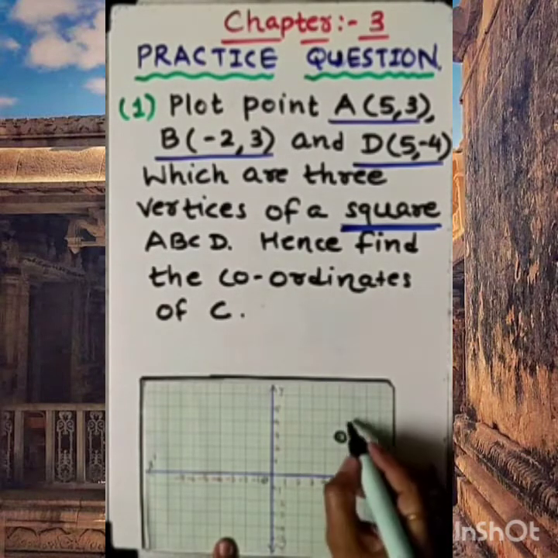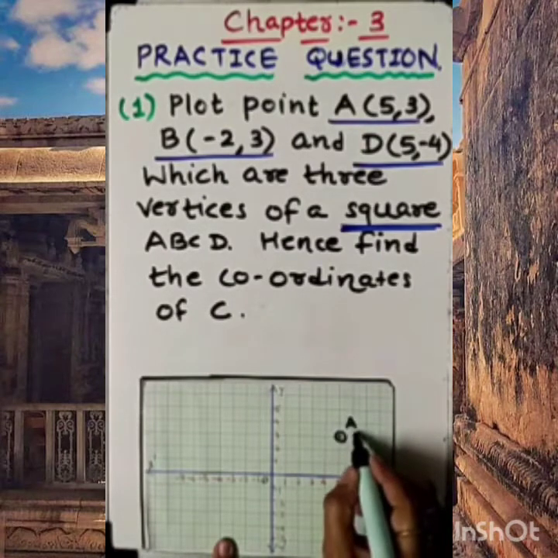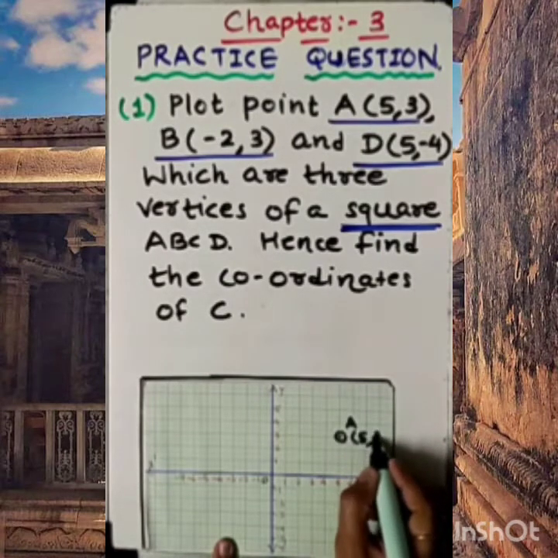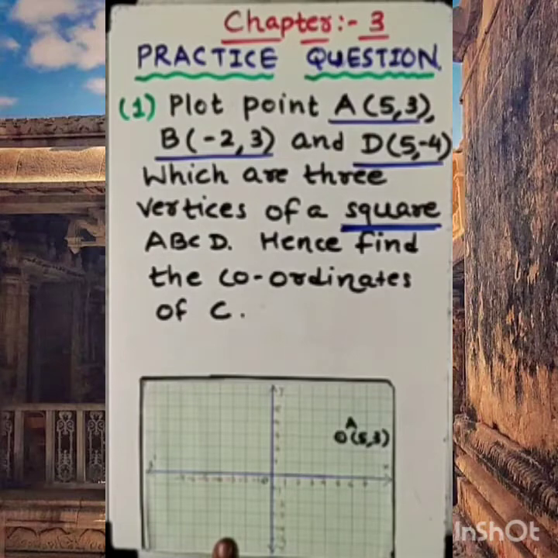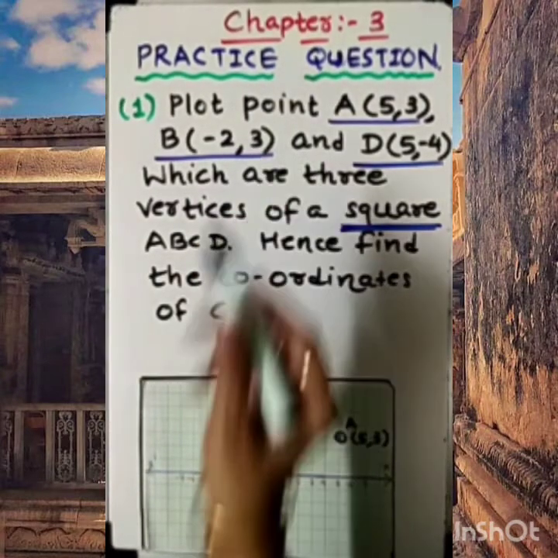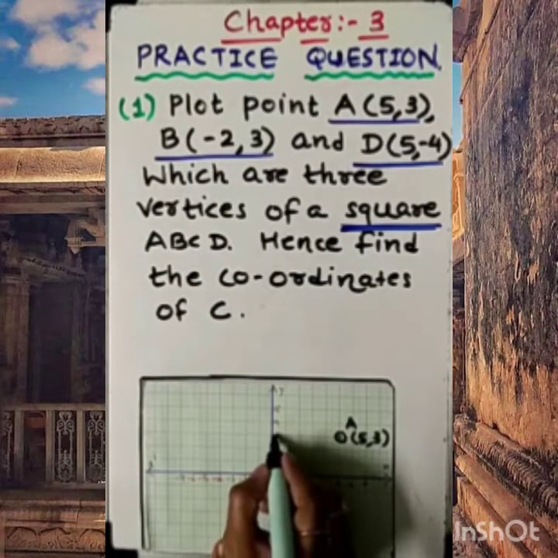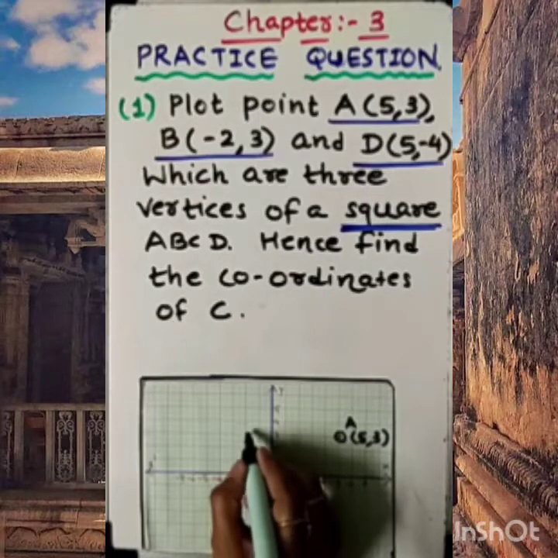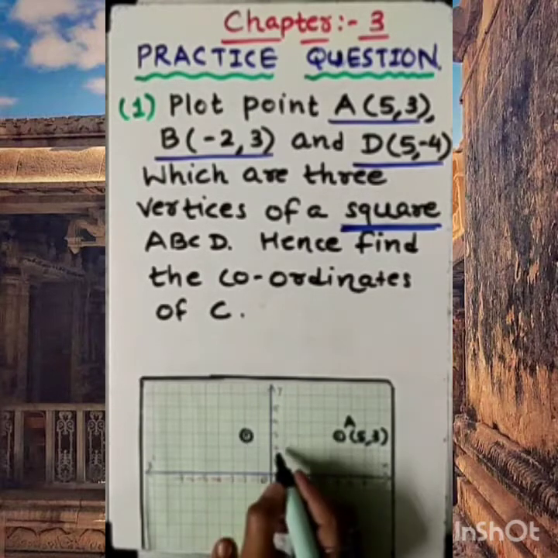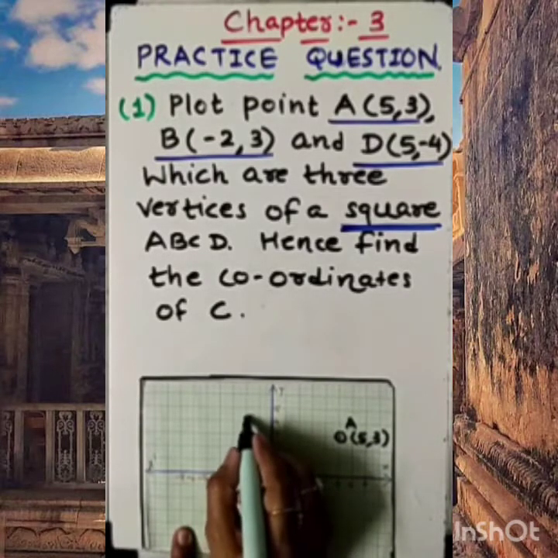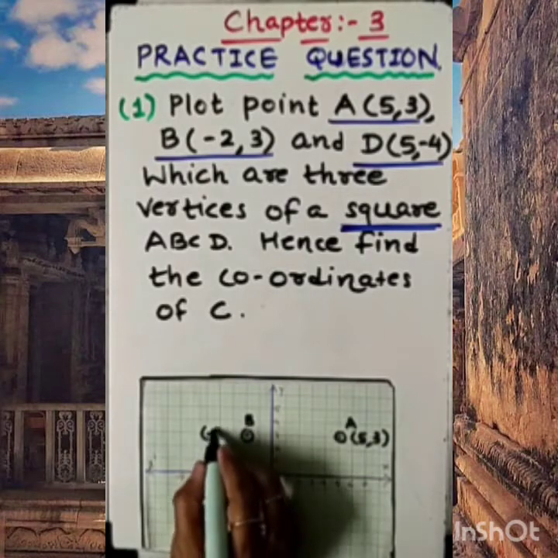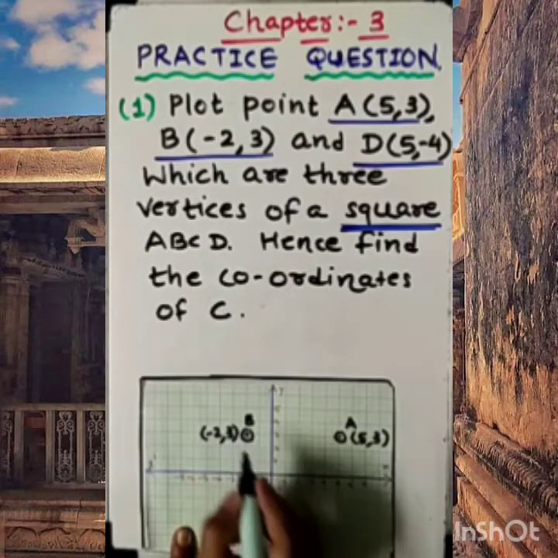This is point A. Now B point (-2, 3). This is -2 and this is 3 on the y-axis. So it will be located here somewhere. This is B point, (-2, 3).